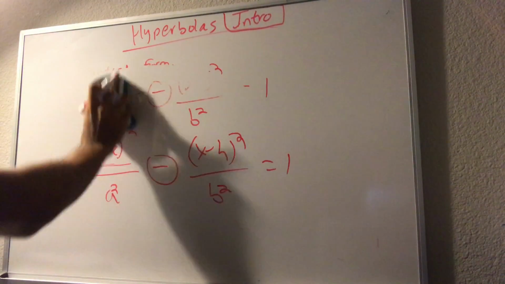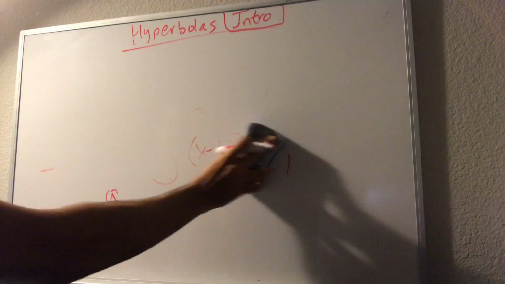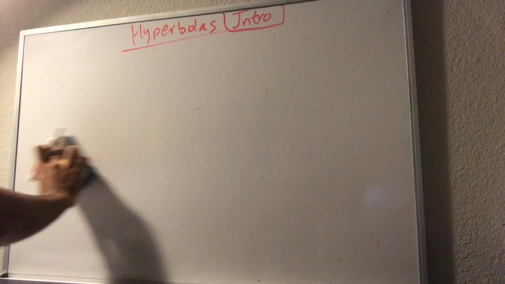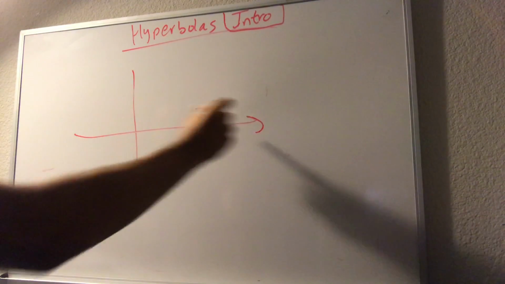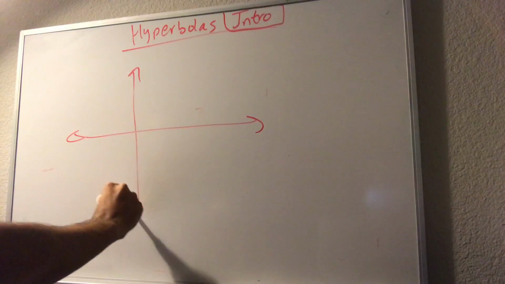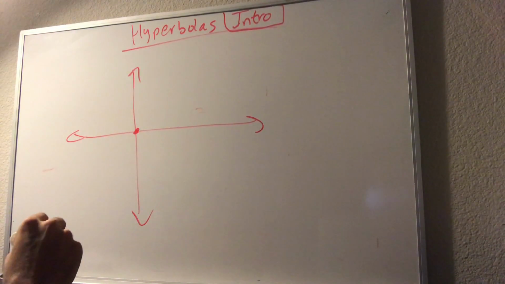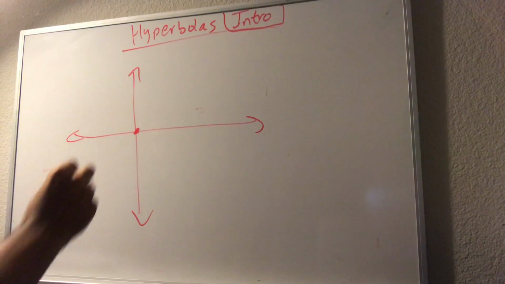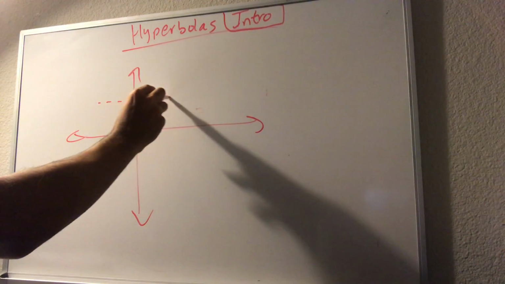Now I will go over a sketch of exactly how a hyperbola looks. It's a little bit different than an ellipse for sure. So you have your axes here, and when we're graphing a hyperbola, you really have something like a box that forms.